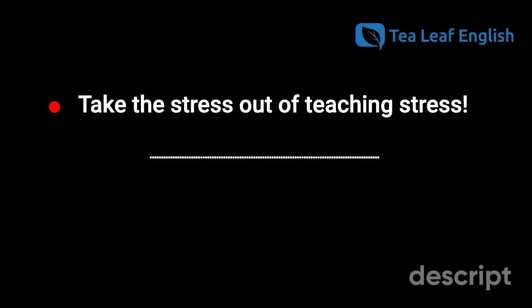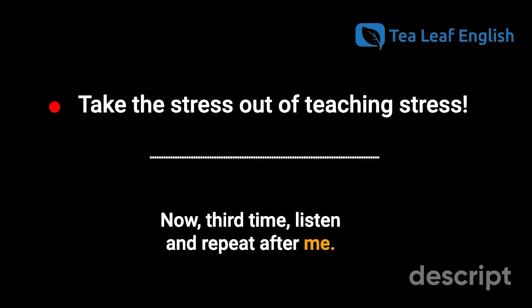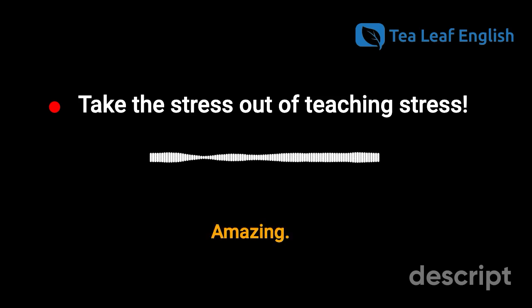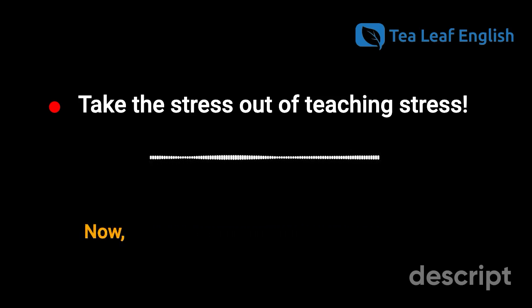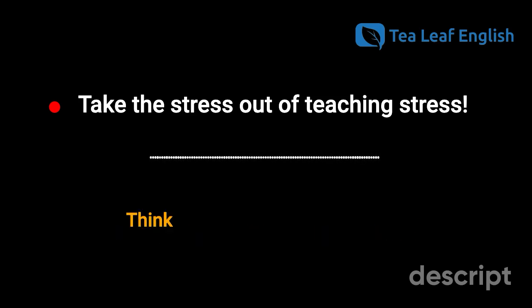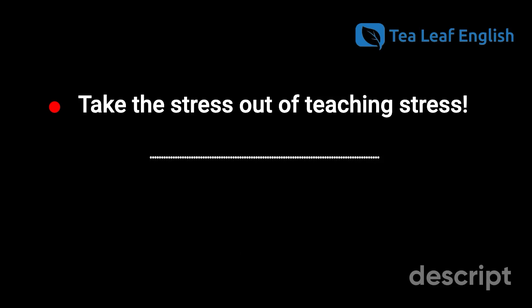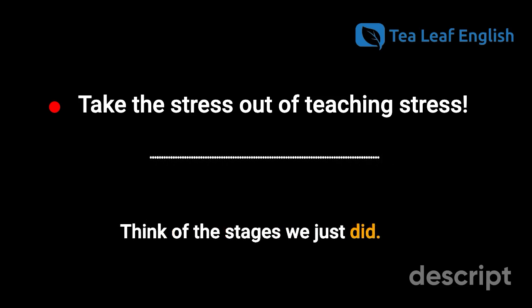Amazing. Now, third time, listen and repeat after me. Amazing. Perfect. Now, I'm going to say 3 more words. Think of how you would teach these words to your learners. Think of the stages we just did.